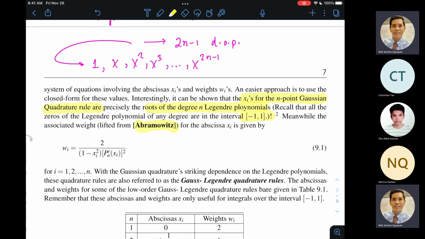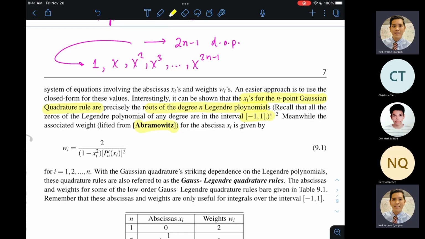Okay. Now, the nice thing about this is that we no longer need to compute, or solve, the system of nonlinear equations, which might be very difficult, especially for very large orders. Instead, we replace it with computing the roots of the Legendre polynomial.